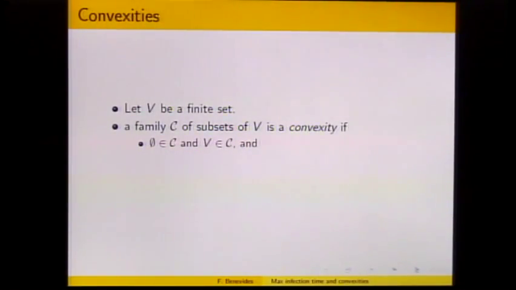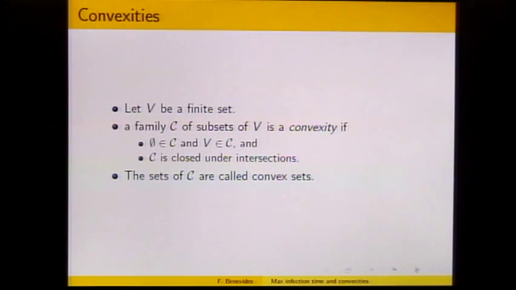So first of all, a convexity for us is just any, I'll only talk about finite convexities. So for a finite convexity, you have a finite set V. And for us, a convexity is just any family of subsets of V in which the empty set is there, the whole set is there, and it's closed by intersections.